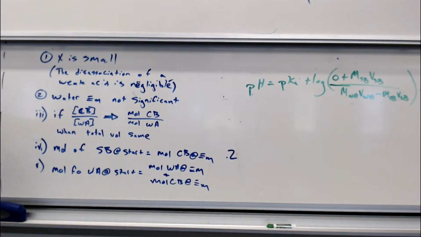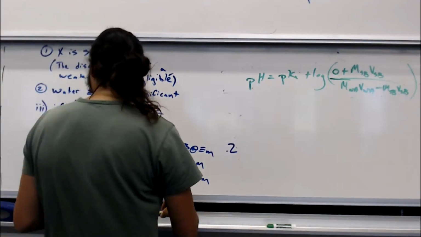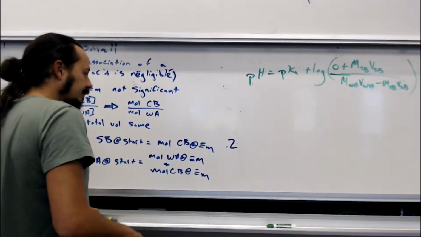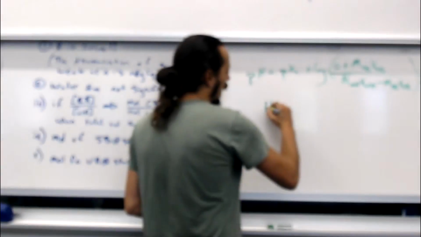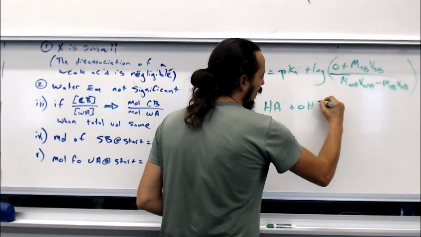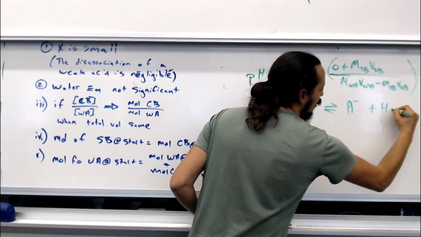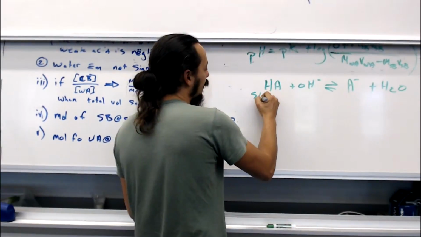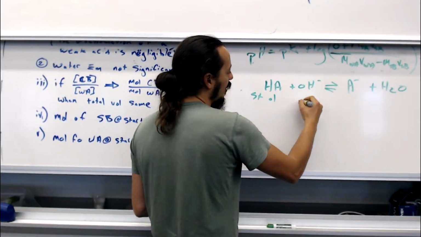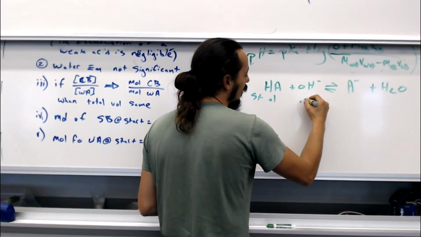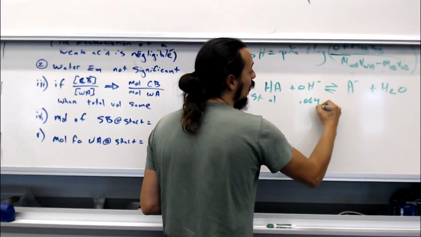A question there, then there. So what is the 0 in the stoichiometry reference sense? If we looked at our stoichiometry again, we've got our HA plus our OH minus goes to A minus plus H2O. We got our start, we got our 0.1, we've got our 0.064, if I remember correctly.